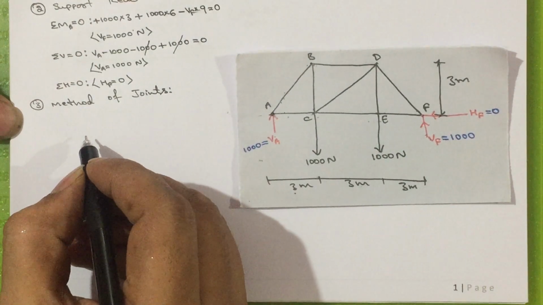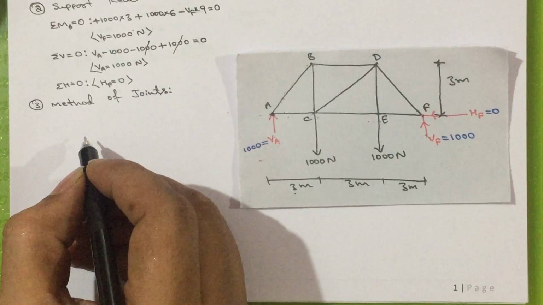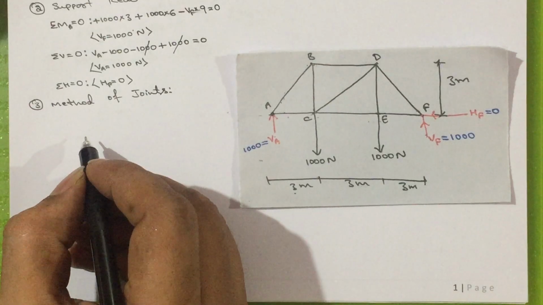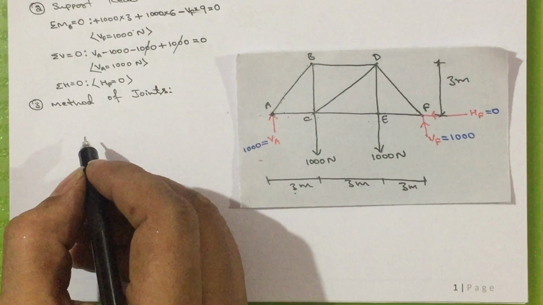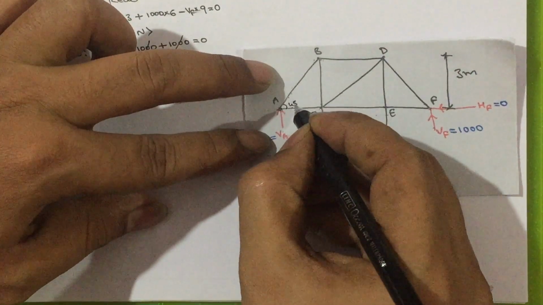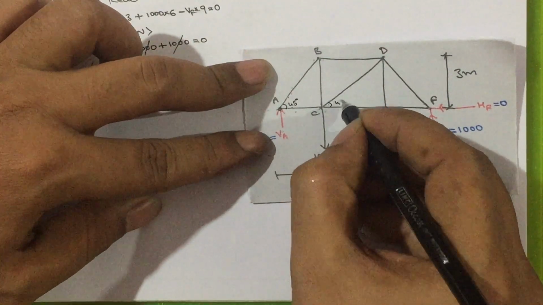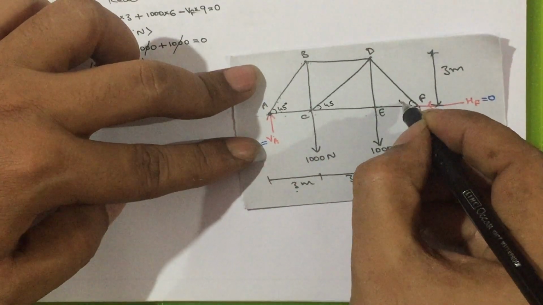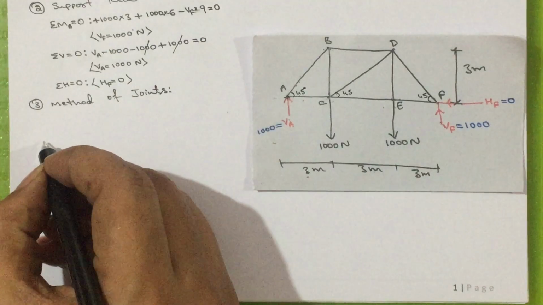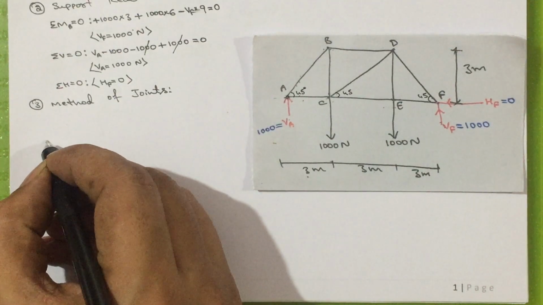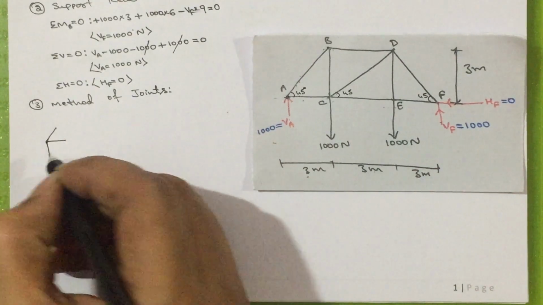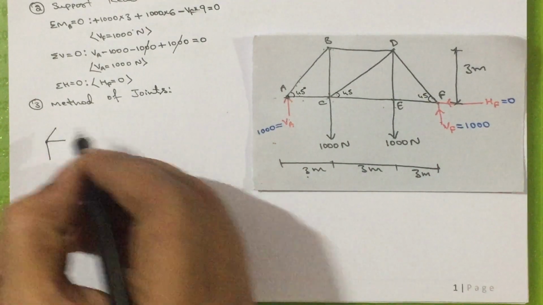The free body diagram you already know. How to write it? We are going to write it in 5 simple steps, that is point, connect point, lines, direction, magnitude and angle. So, I will write the angle first. We already calculated 45, 45, then 45. I will take the A joint, then lines, then direction.